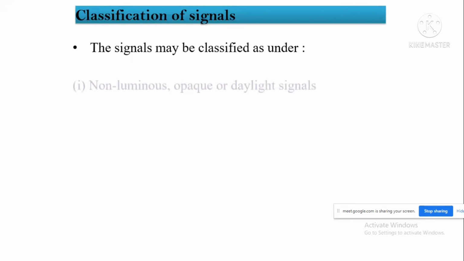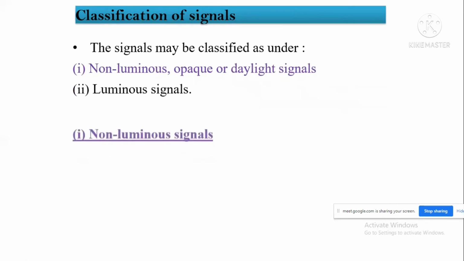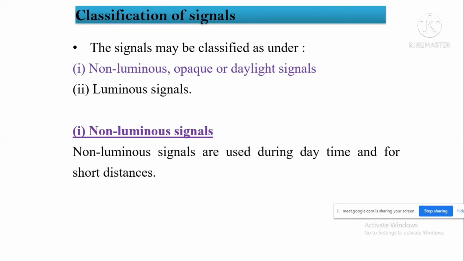Now, further classification of signals. As I told you, signals are classified into non-luminous, opaque or daylight signals, and luminous signals. Signals are nothing but devices which make the intervisibility clear. These non-luminous signals are used during the daytime and for short distances only.